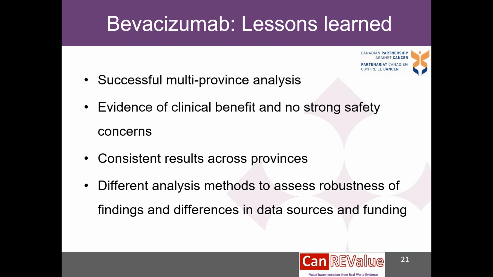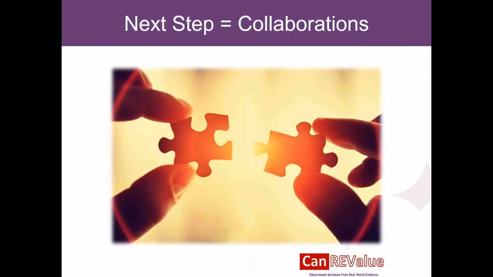And therefore, a lot of different methods and statistical analysis had to be in place, and there has to be some ways to assess for the robustness of the findings based on different scenarios. So that's a good opportunity for the analytic team to learn or to explore all those different methods.